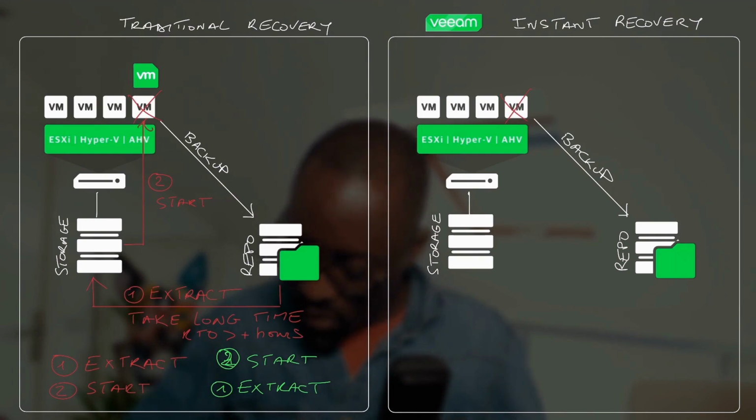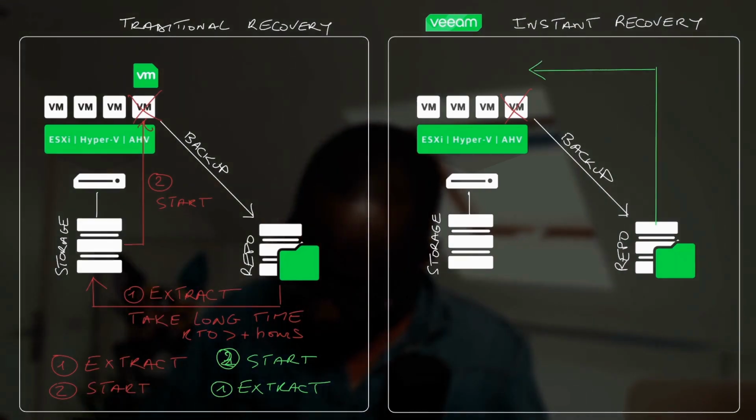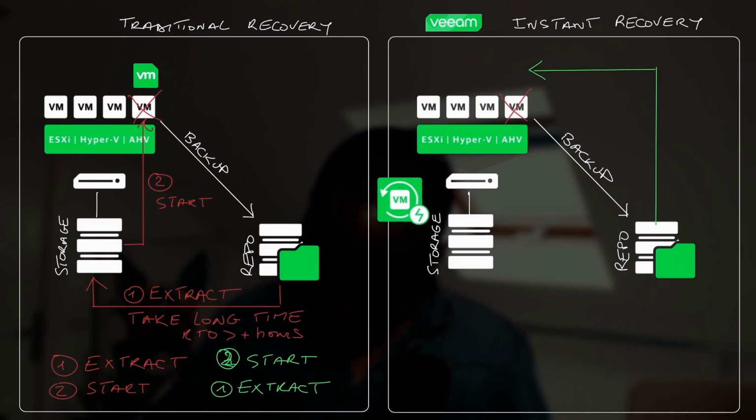Well, we will use instant recovery, and thanks to instant recovery, we will have a recovery from the backup quickly and efficiently. We will represent the machine that is started in this way, this virtual machine, started instantly.